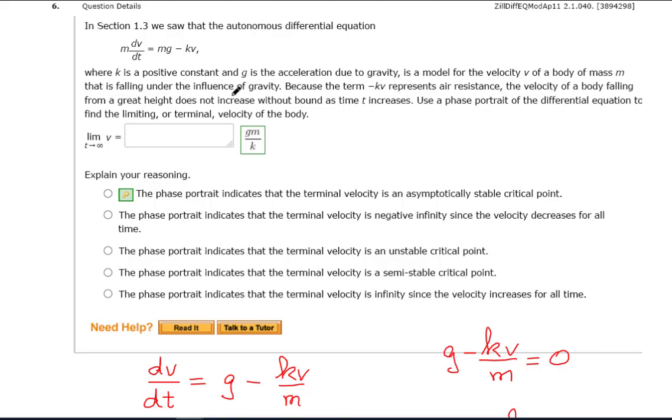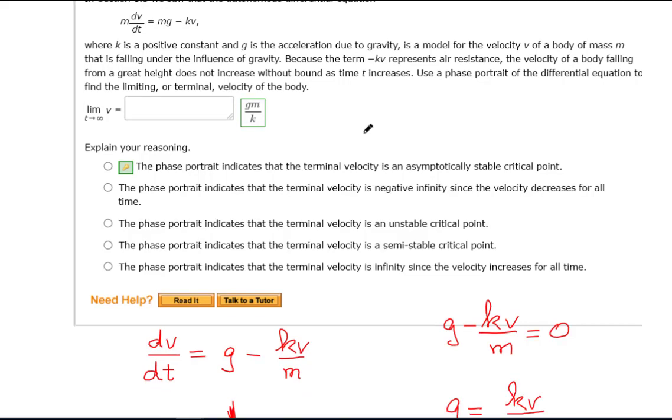So this is a body falling from a great height. So what happens? Does it keep getting faster and faster as it falls to the ground, or is there a limiting factor?